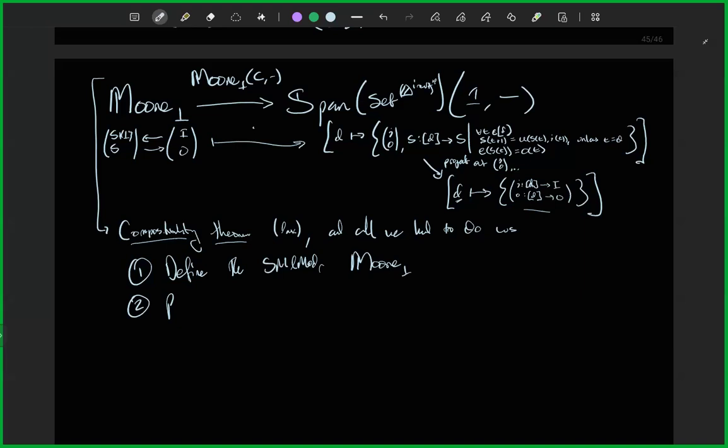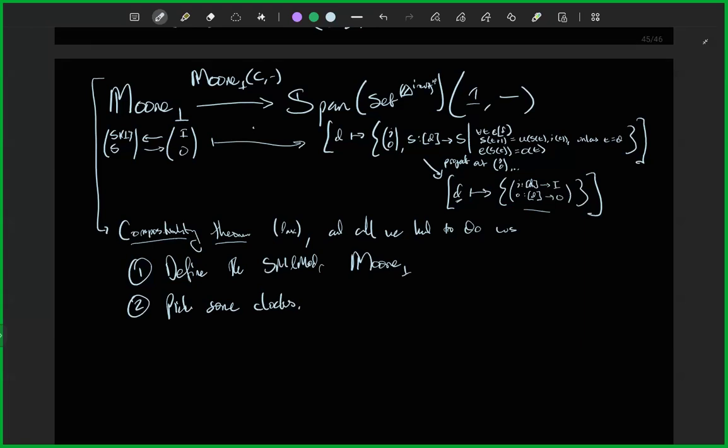And two, pick some clocks. And that's how you do compositionality theorems in DOTS.